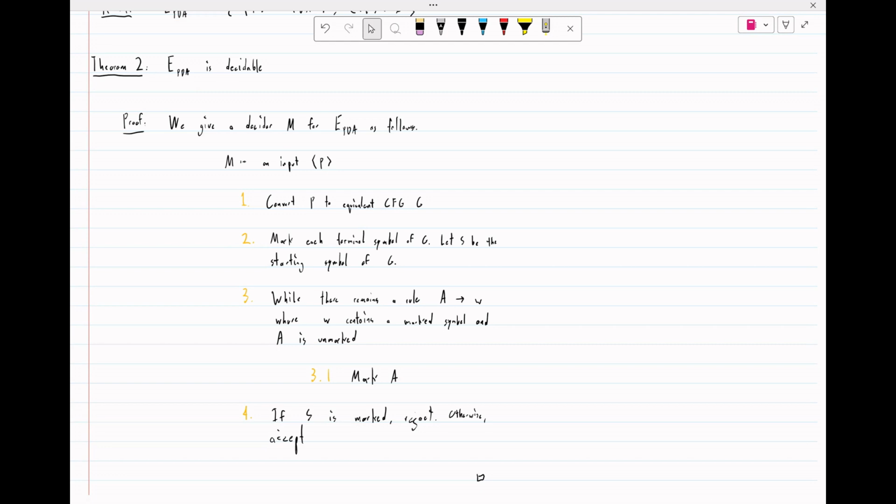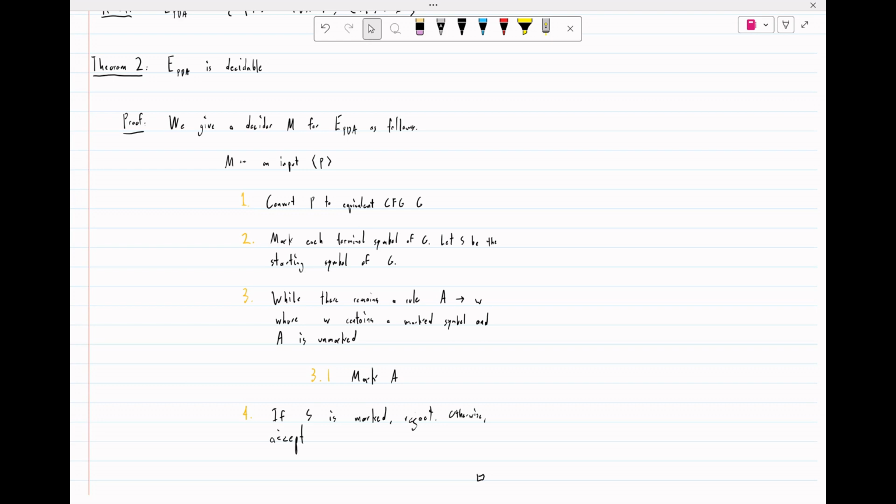So what this algorithm does is it starts at the terminal symbols and walks through the rules of my CFG looking for the start variable. And I mark them. That's how I know that I've already visited one, so to speak.